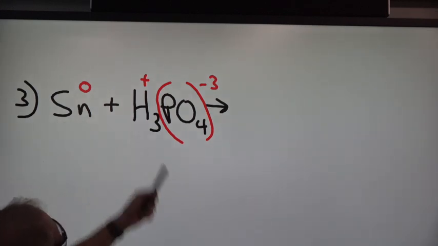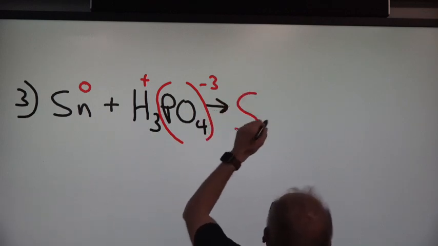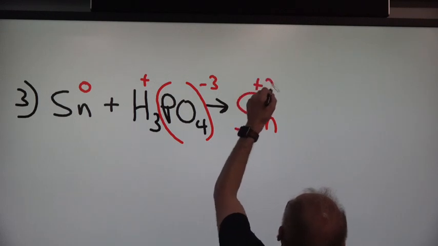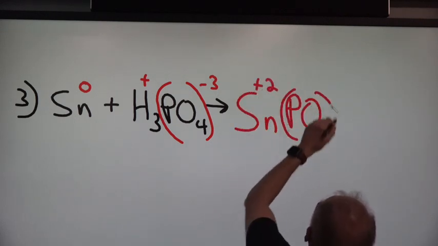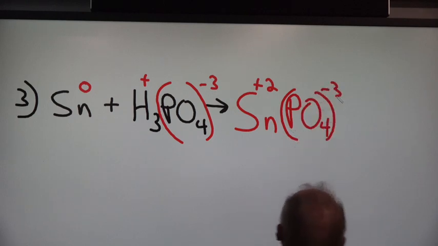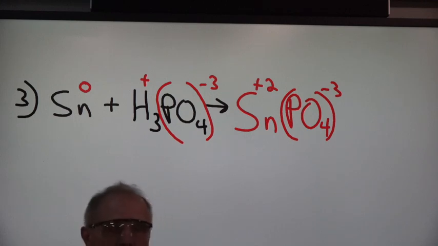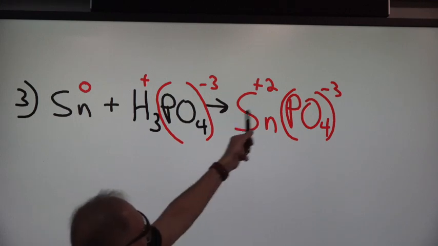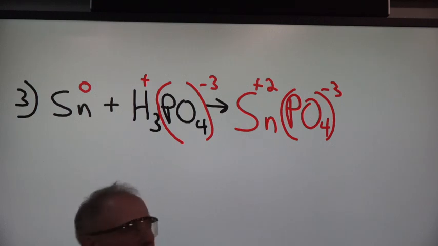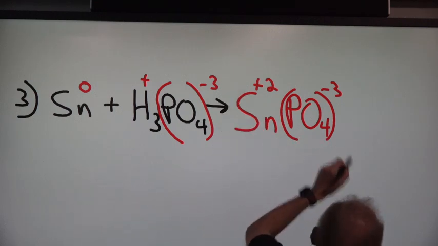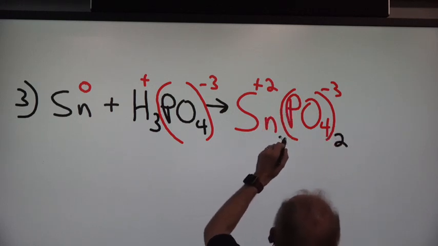So now, single replacement again. So tin is going to replace hydrogen, and it's going to be Sn +2, PO4 -3. Now look at that. That does not match. It doesn't match at all. Remember, the sum of the oxidation states has to equal 0. So if it doesn't match, we have to crisscross. 2 goes here, and a 3 goes there.